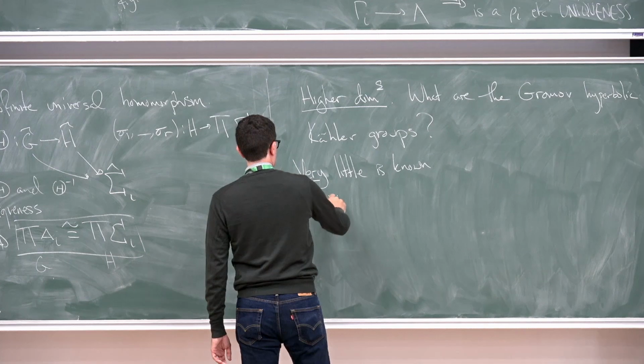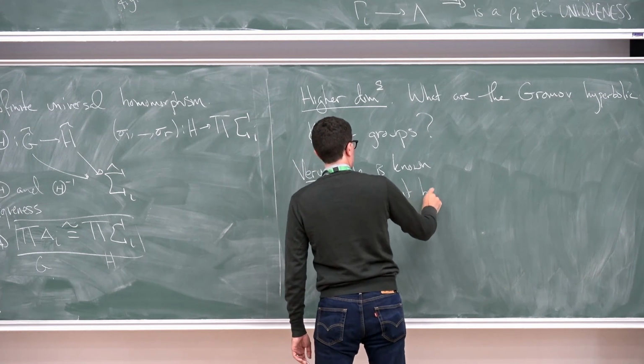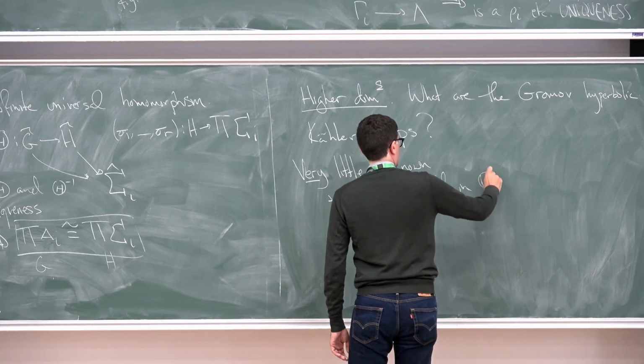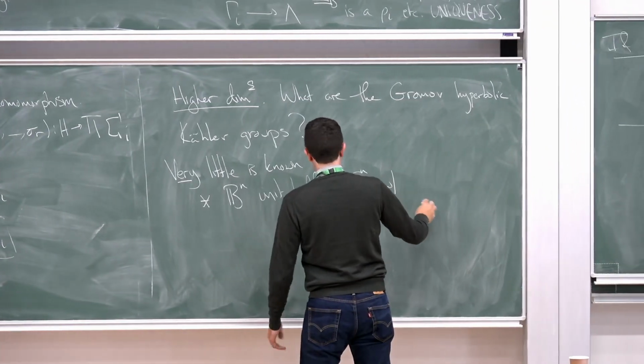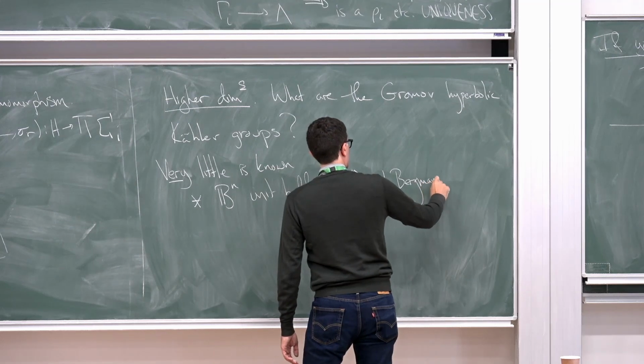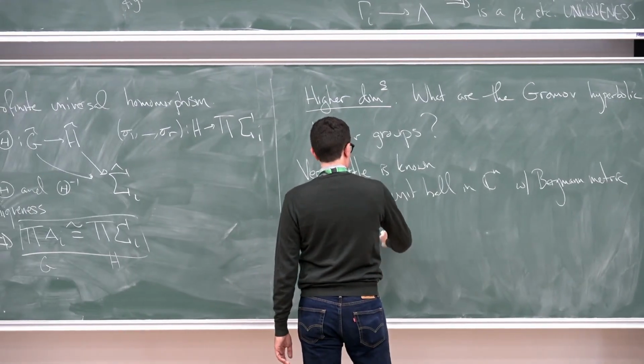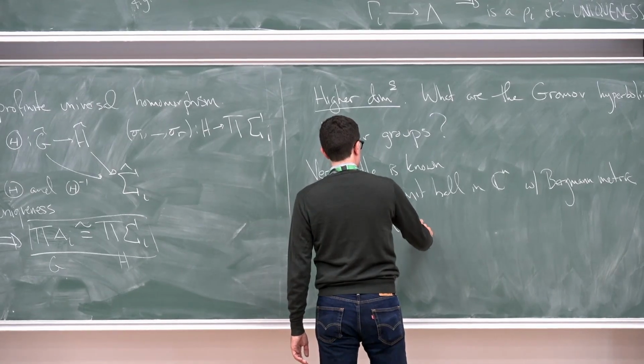All right, so there's a unit ball in Cn with the ergodic metric, and so locally symmetric spaces.